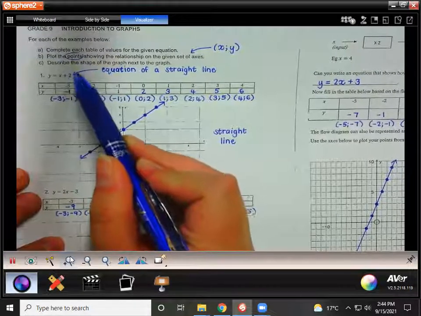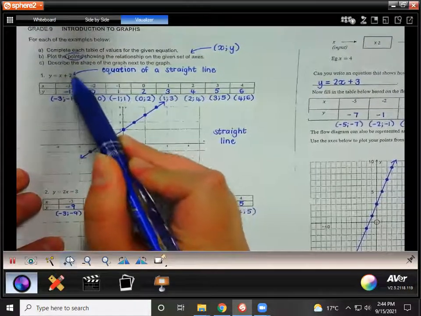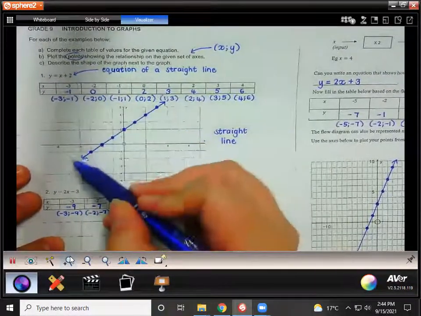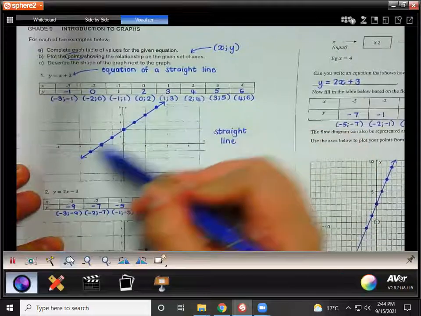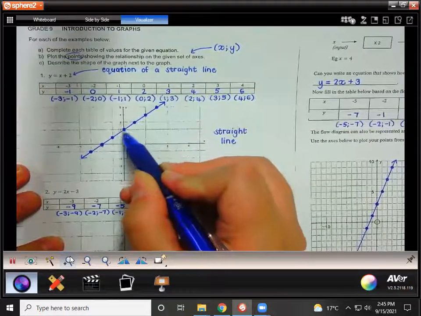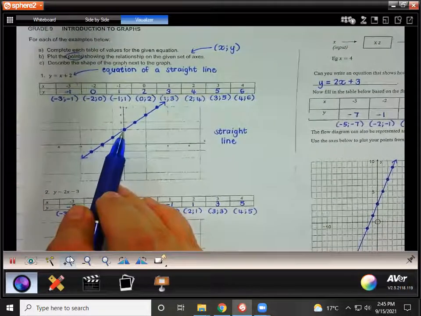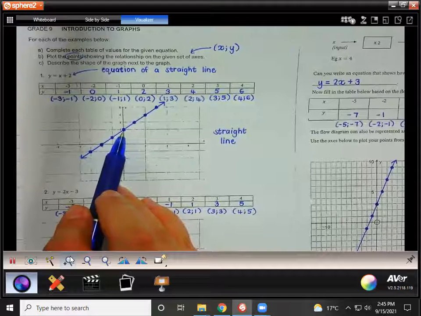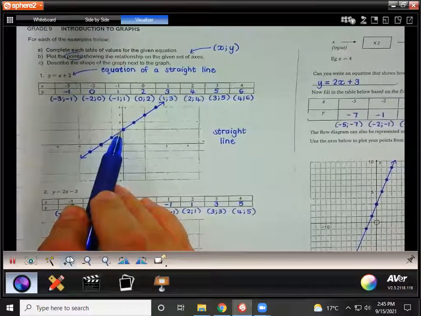I want you guys to notice that in the first equation, the constant term was positive 2. Do we notice that on this graph, it cuts the y-axis at positive 2. It's quite small now, but you can look on your page. You might not be able to see it, but that point over there is at 2. Do you see that?